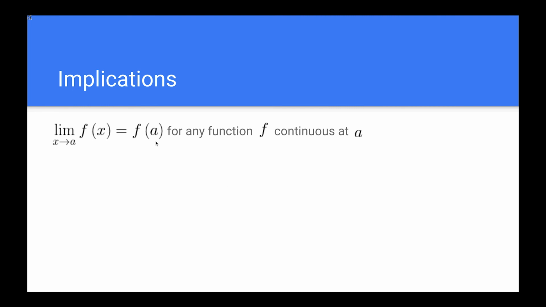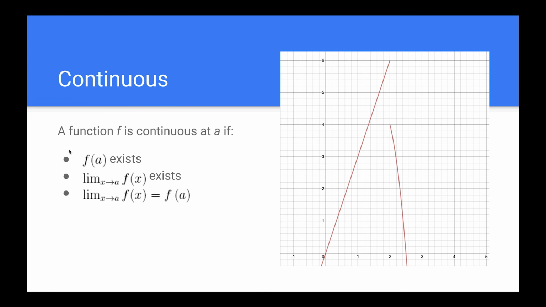So if you're asked to find the limit as x approaches any number of a polynomial, you can directly plug that number into the function, and the limit will be the same as the actual value because we know it's continuous.